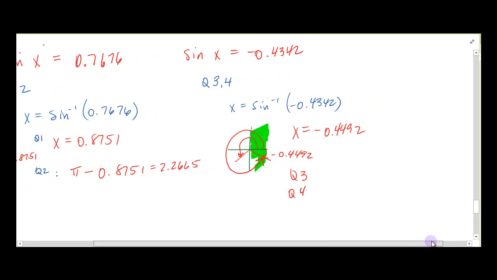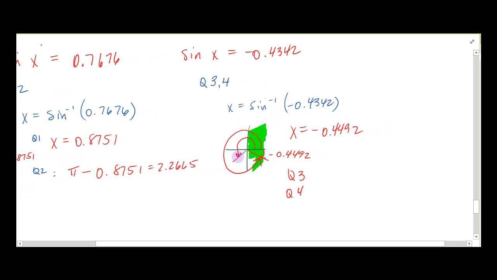But it has to come all the way around and be positive, in other words. Now, how do I get those angles? How do I get the angle in quadrant 3? That comes from halfway around, which is pi, plus that little pi shape, 0.4492, and then quadrant 4 is going to be 2 pi minus that little 0.4492.